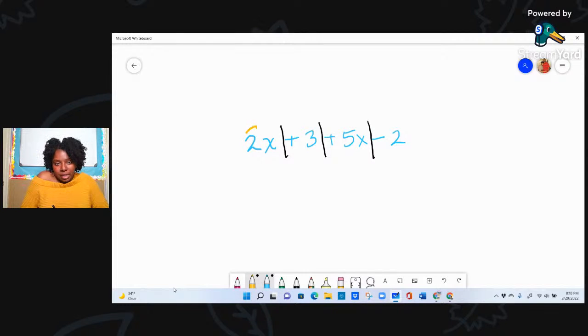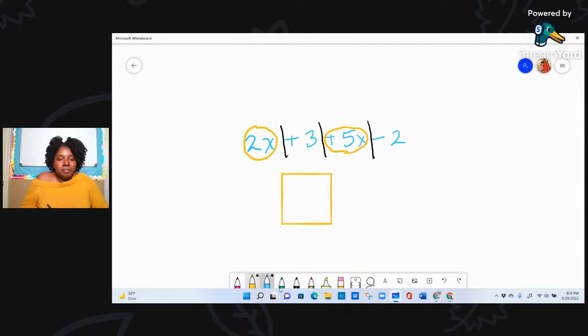So let's see. Is there a like term with 2x? Is there anything else with the x? I look at this 3. No. I look at this 5x. Yep, there's an x. Keep going. I look at this minus 2. No. All right, so I'm putting all of my x in the x box.